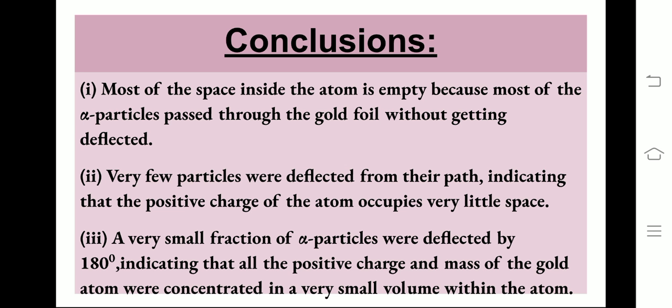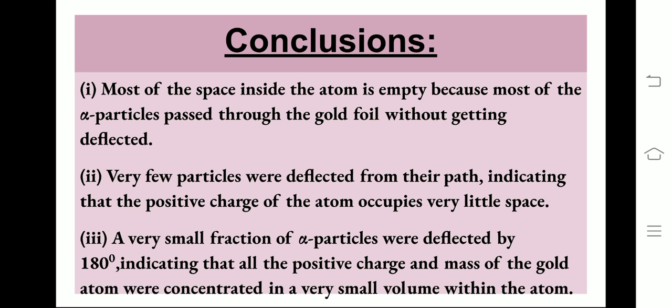Conclusions. Rutherford made the following conclusions. Most of the space inside the atom is empty because most of the alpha particles passed through the gold foil without getting deflected. Very few particles were deflected from their path, which indicates that the positive charge of the atom occupies very little space.